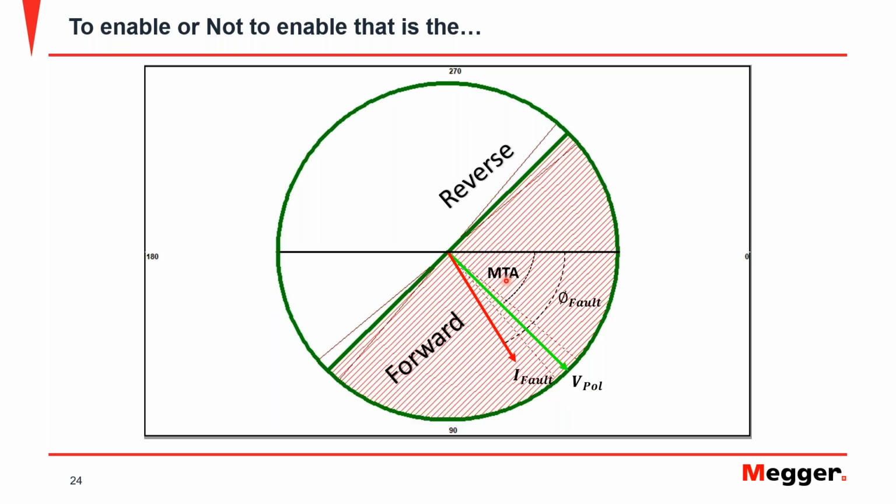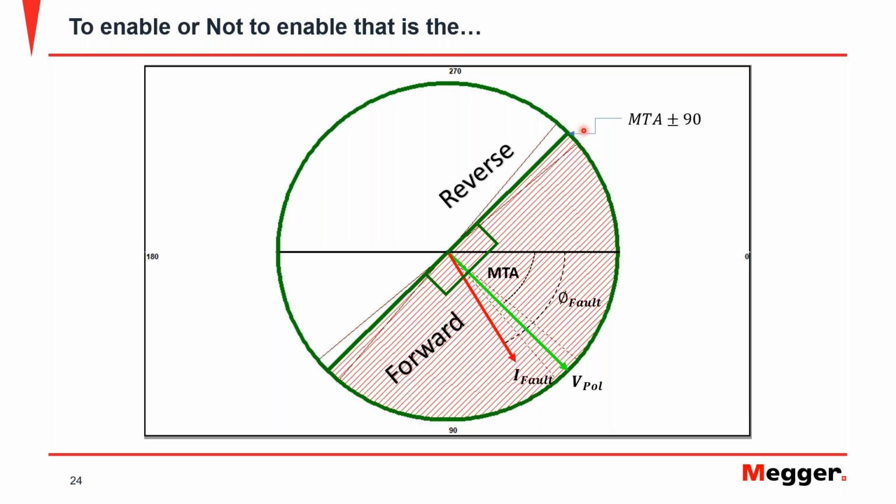I have the MTA. Typically, you will see this line or the border or the division between forward and reverse, which is drawn at plus minus 90 degrees of the MTA. And of course, we will see later that that is something that can be changed. You can use things called blinders to change the area of forward and reverse.